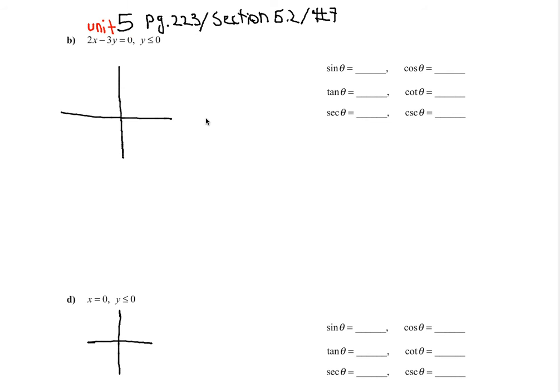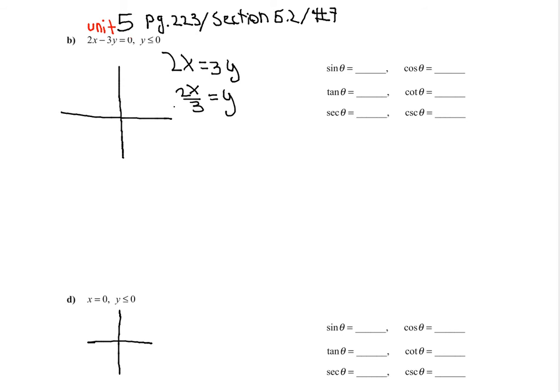For B, we're given the relation 2x minus 3y equals 0, and y has to be smaller than 0. So if we rearrange the equation, we would get 2x equals 3y, and then y equals 2x over 3.